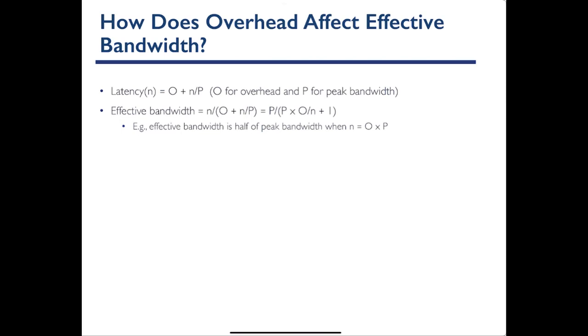You can just move these variables around and get to this equation. So your effective bandwidth is your peak bandwidth divided by (peak bandwidth times overhead divided by N, plus 1).